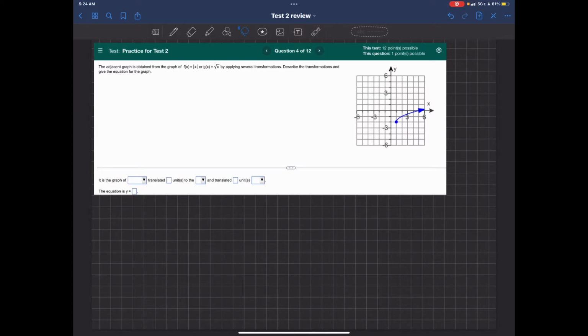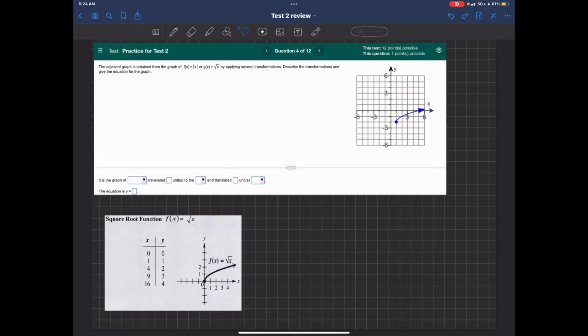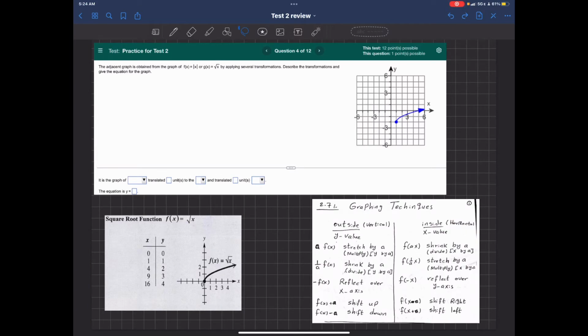Okay, so this is a square root function, so we need to know the parent function. It starts at the origin, and then it goes to the right. And then we also need to remember our graphing techniques when we're setting up the equation.